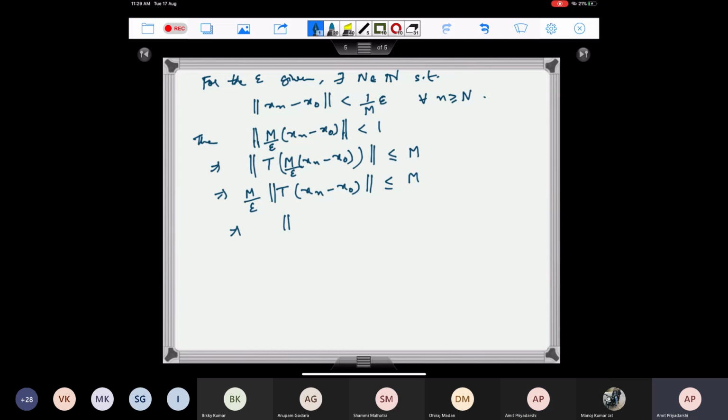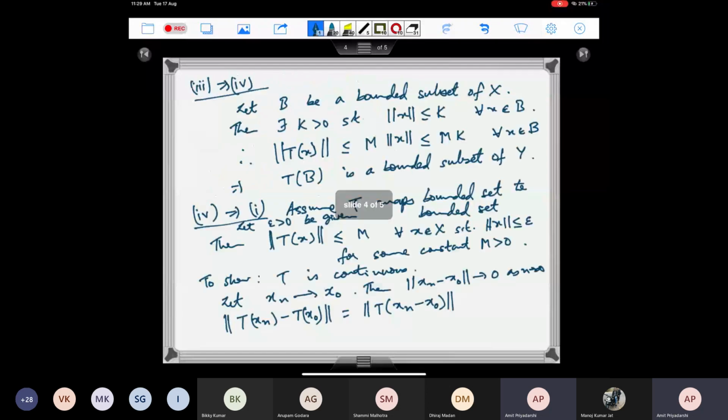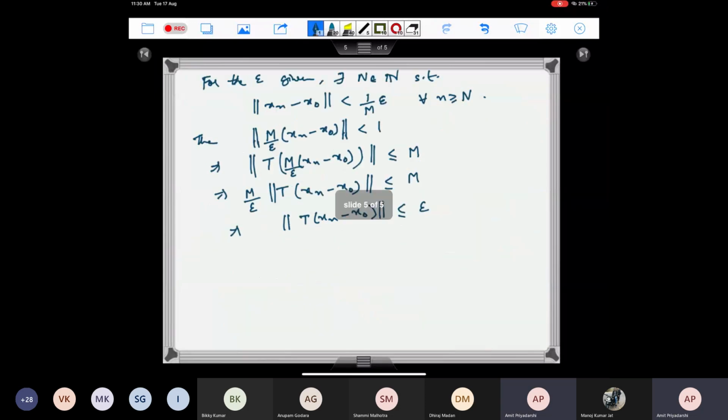So I think what I was doing before was correct. I can choose this m such that the unit ball is mapped to this bounded set given by m, and then for any epsilon greater than 0 given, I'll choose this capital N such that norm xn minus x naught is less than epsilon by m.